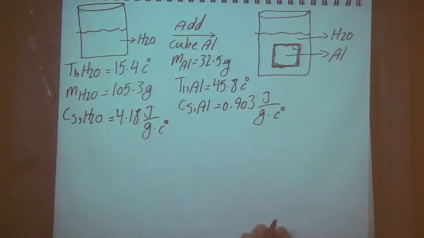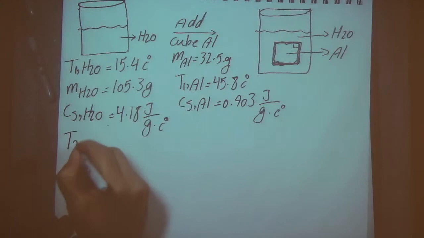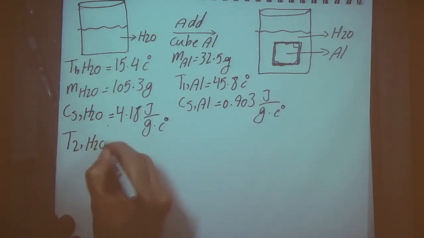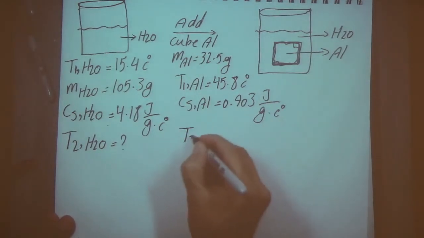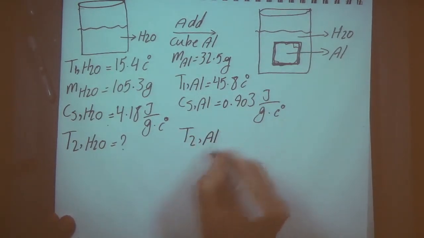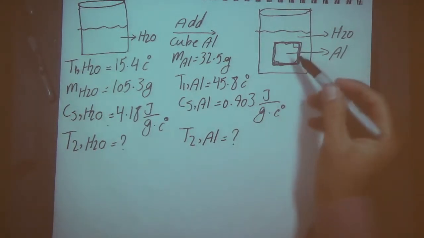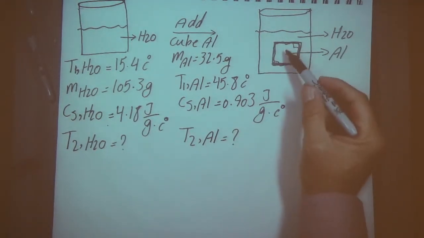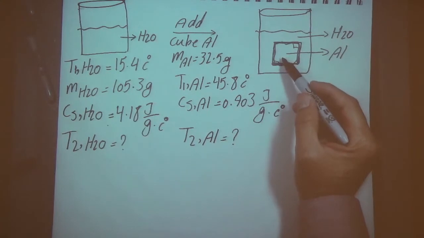They are asking, what's the final temperature? Okay, what's the final temperature? For the final temperature, I'm going to say here T2 of H2O. I'm looking for it. And also, I need to have T2 of aluminum. We need to know this one. If we drop the hot aluminum inside the beaker of water and give them enough time, they will reach equilibrium.